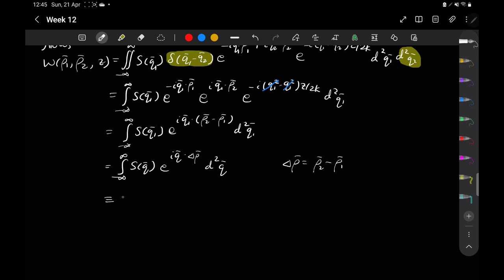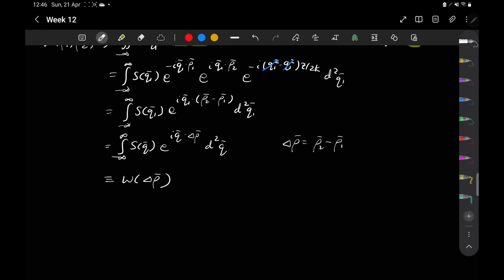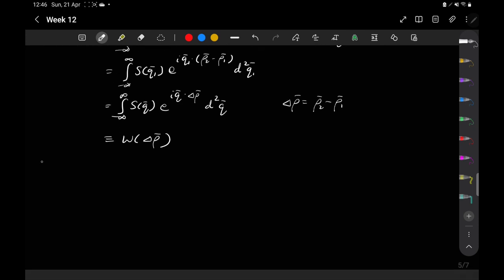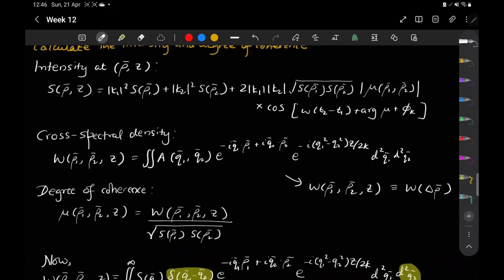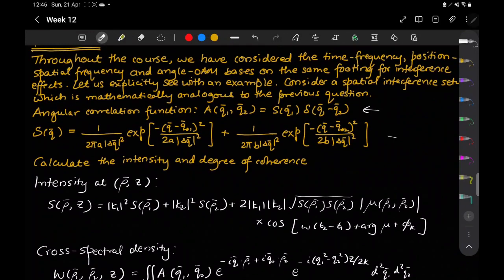And so this is essentially a function of delta rho. Now let us find what this W of delta rho is by plugging in the expression for this S(q) from here.